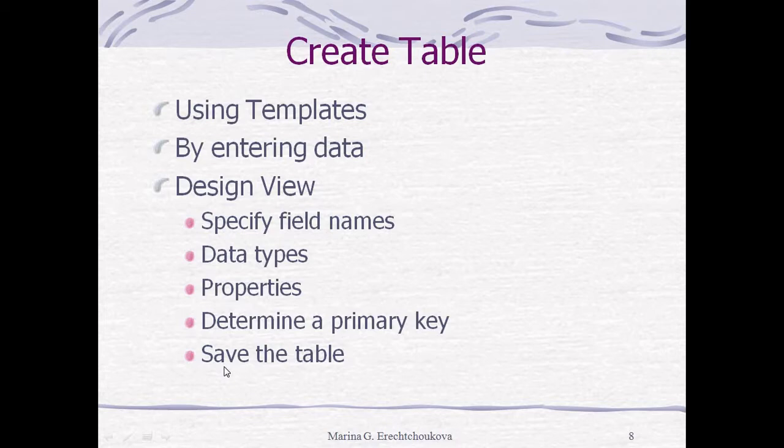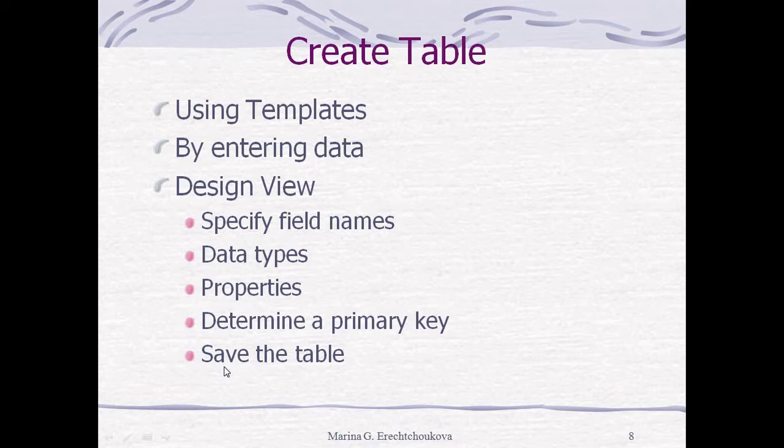In MS Access 2007, we can create tables by three methods. One is called templates, then the datasheet method, and the third one is design view. The first one, called a template: we actually do not create any tables, rather we use tables which are created by Microsoft Access or by other users.